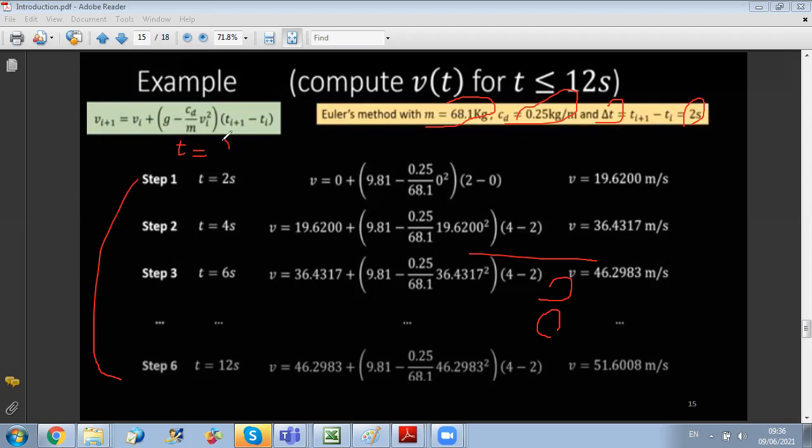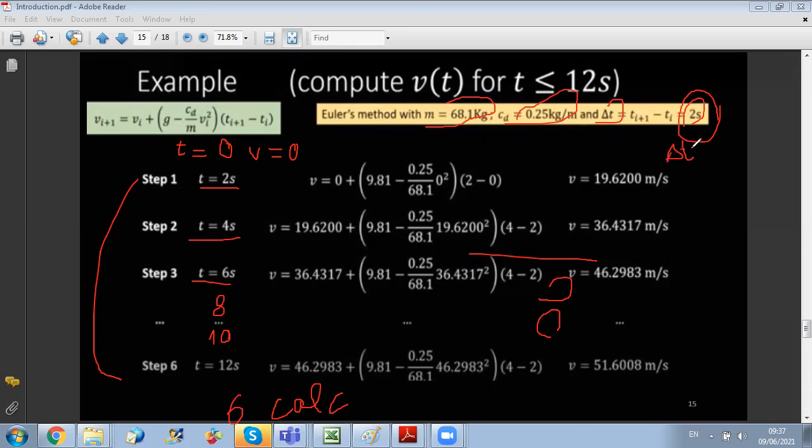We know the first point, and since delta t is equal to 2 seconds, we should find the velocity at 2, 4, 6, 8, 10, and 12. So if delta t equals 2 seconds, you should do 6 calculations. Imagine now that delta t becomes 1.